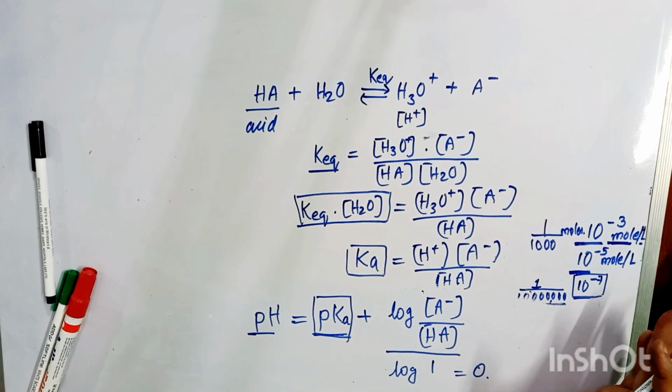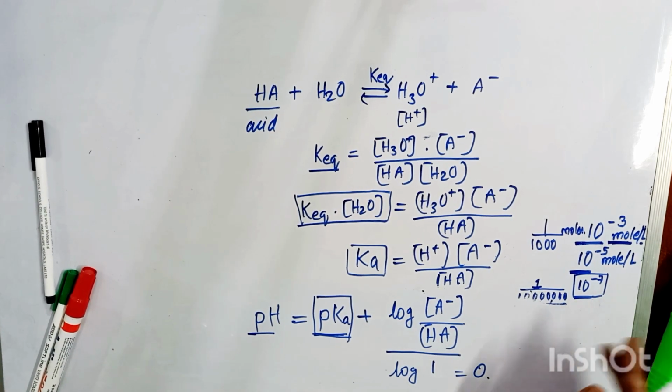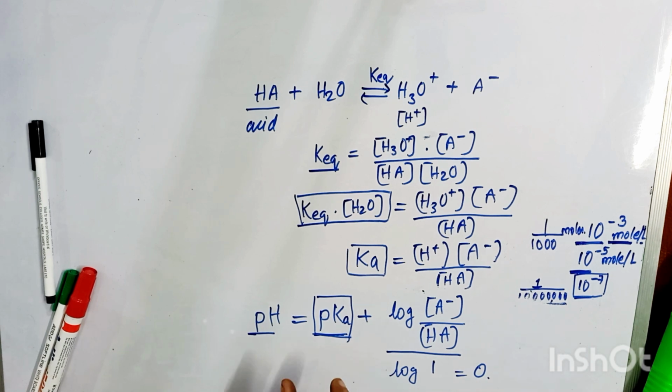At pH 7, what happens? It is completely dissociated. That is not the pH of our biological fluid. Our biological fluid remains at 7.4. At 7.4, it is completely dissociated.